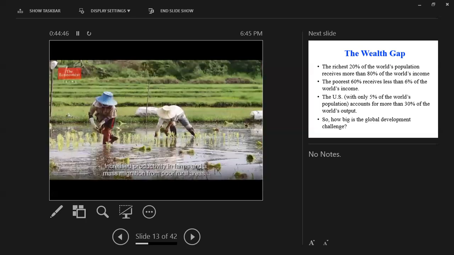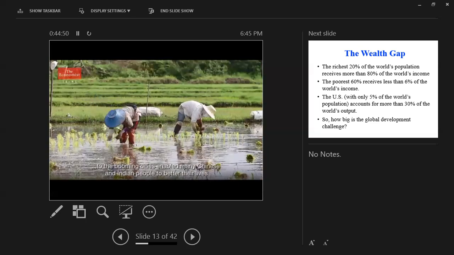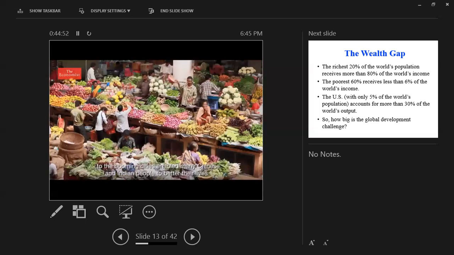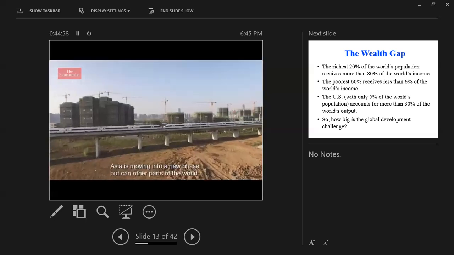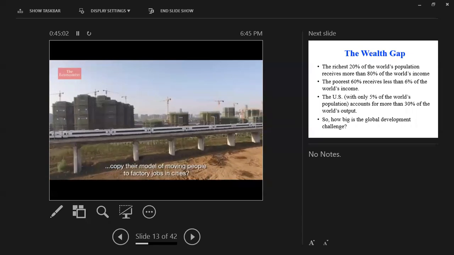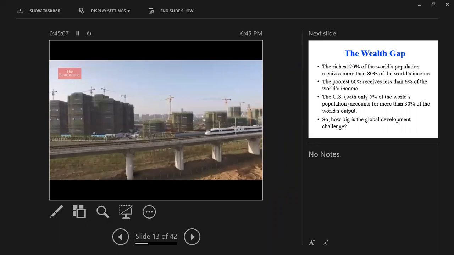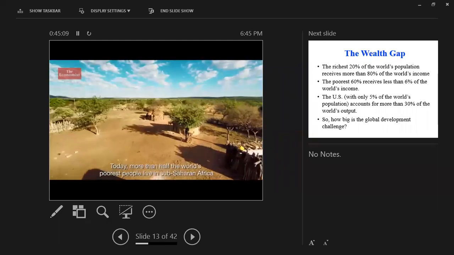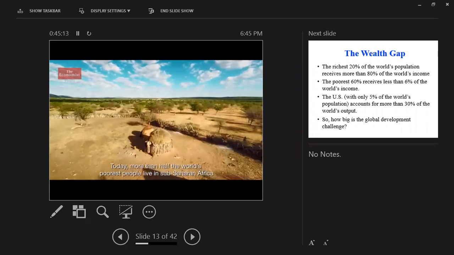Increased productivity in farms and a mass migration from poor rural areas to the booming cities enabled many Chinese and Indian people to better their lives. Asia is moving into a new phase, but can other parts of the world copy their model of moving people to factory jobs in cities? Today, more than half the world's poorest people live in sub-Saharan Africa.